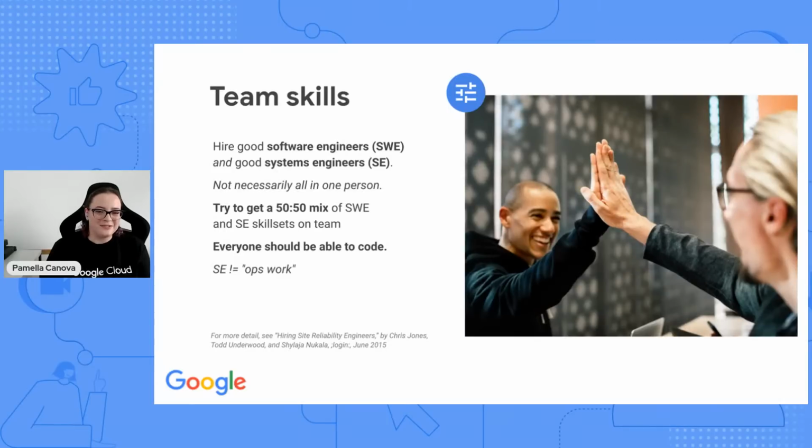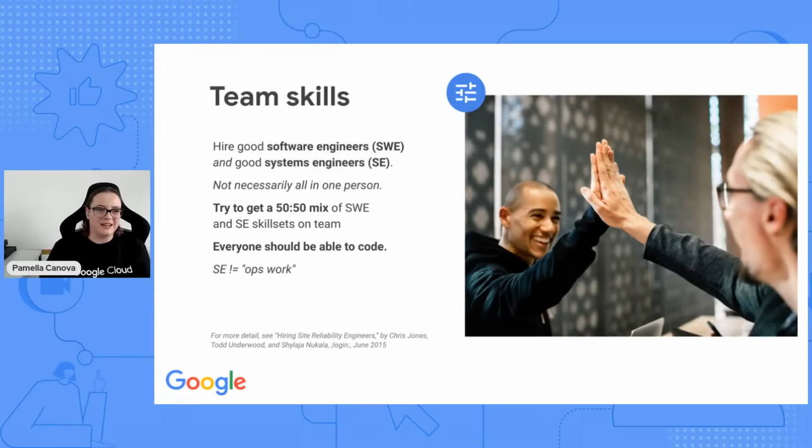And it's important that we have a good team skill set. So it's important that we have software engineers and also system engineers, with the SRE culture in our company.